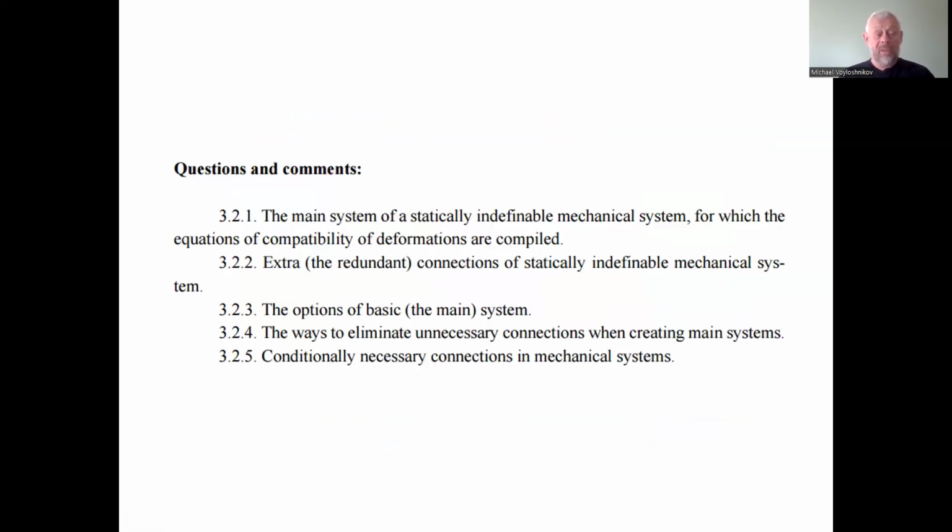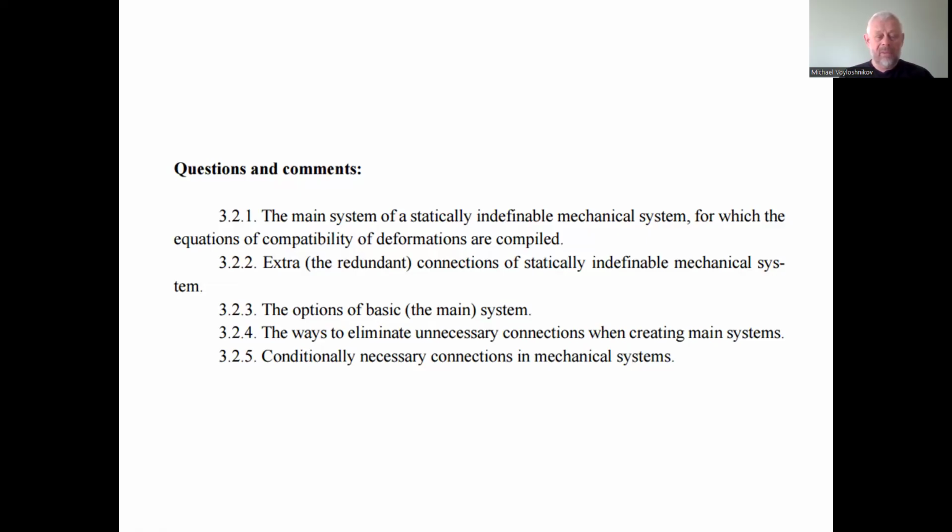Okay, questions and comments. The main system of a statically definable mechanical system, for which the equations of compatibility of deformations are compiled. For the force method, first of all, if we have to solve the statically indefinable mechanical system, we have to make the main system.